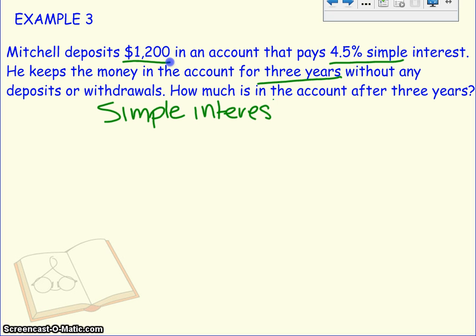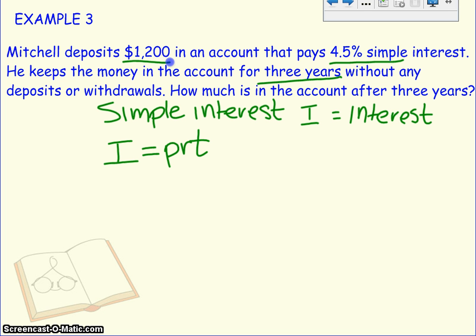And what it looks like is this. I equals P times R times T. So let's break that down. I is your interest earned. P is the principal or original balance.